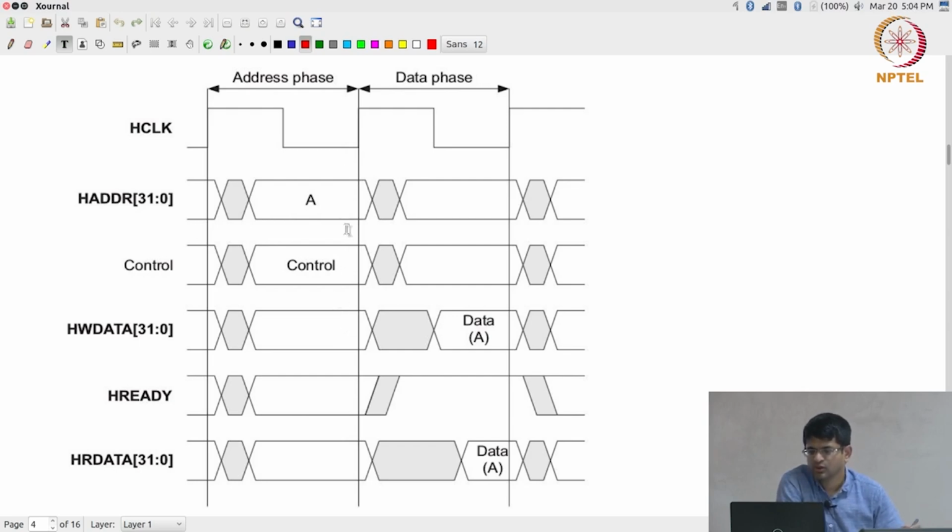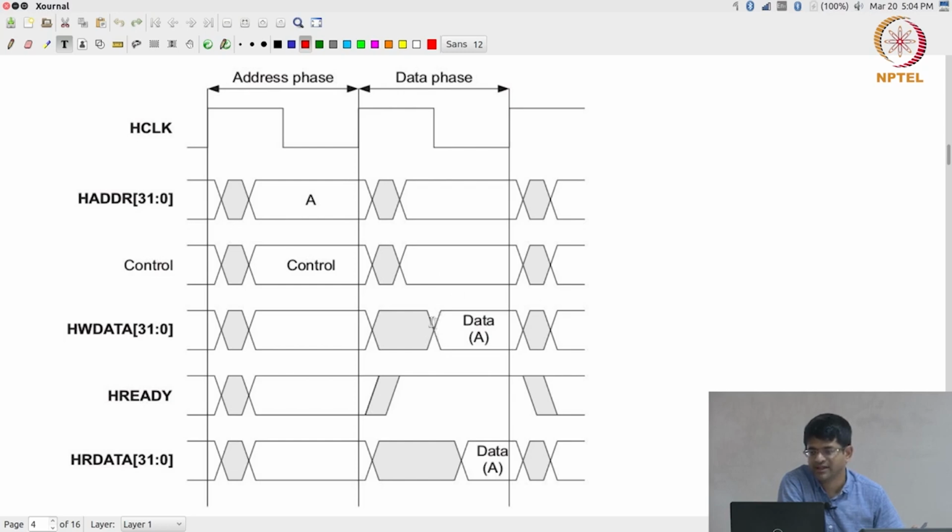The transaction itself takes place in two phases. There is an address phase and then there is the data phase. I gave the address A and the control corresponding to that transaction during the address phase, and during the data phase, I will put out HWDATA. This is done by the bus master.